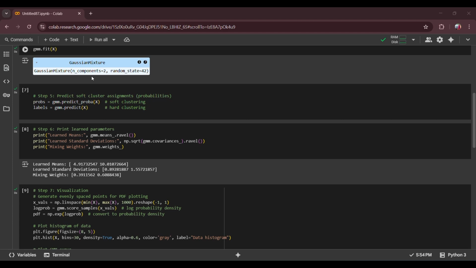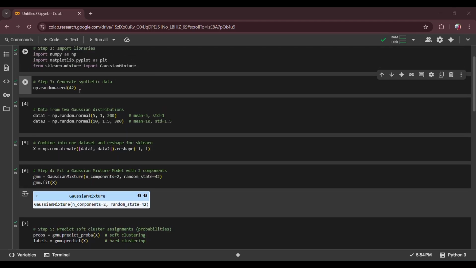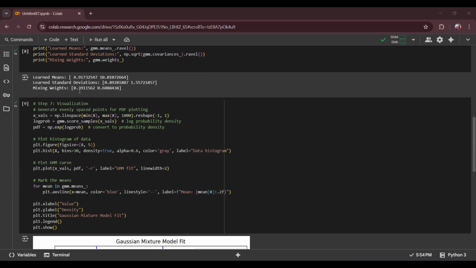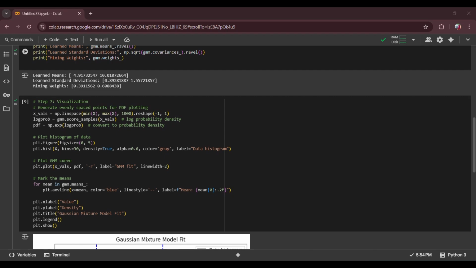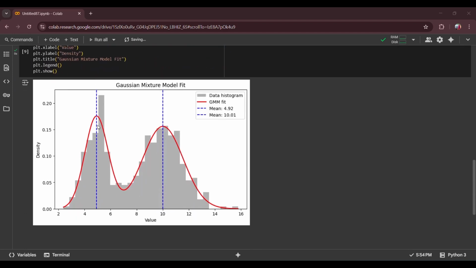Here you can see components 2, and the random state it is taking every time is 42, because we have set it to 42. Here we get the means and the standard deviations of the two data sets and the mixing weights. And here we also got the model fit histogram.